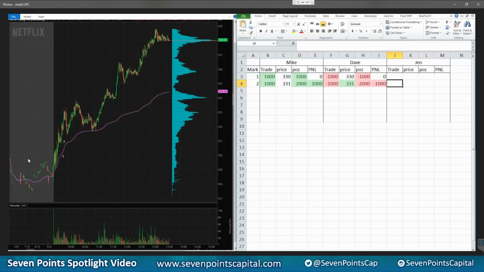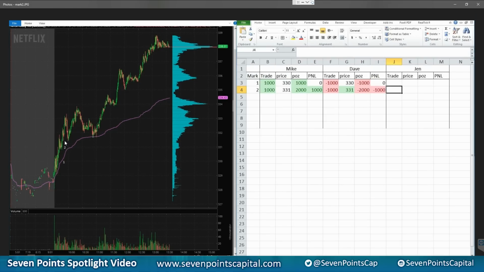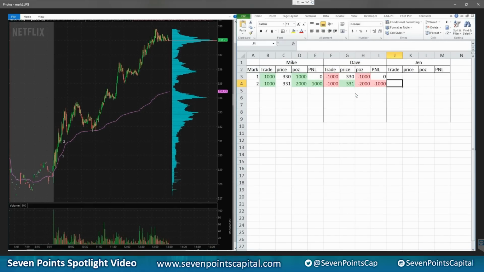Now spot two. You can see it on the chart here at 331. Mike says, well, I'd like to buy another 1,000 shares at 331. And Dave is very willing to sell it there at 331, thinking, I sold it at 330, sold it at 331, it'll come back down and I could make some profits and buy it back, right?